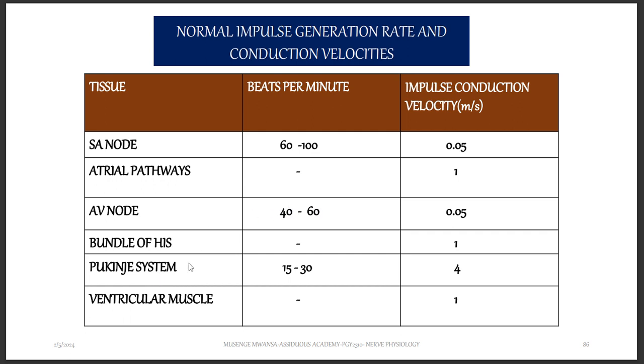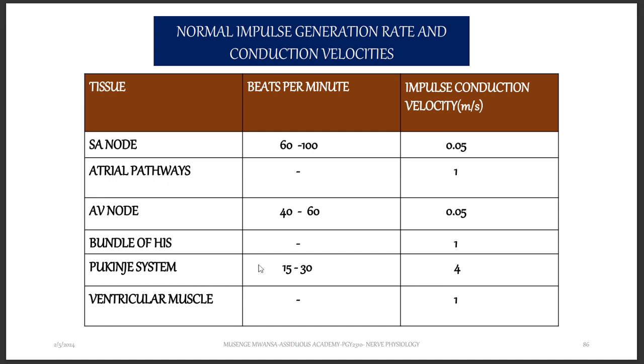Purkinje fibers, if they are the ones generating an action potential, it will be 15 to 30 beats per minute, which is like bradycardia, slow. But then the velocity of impulse is very fast if the impulse is generated in the Purkinje fibers.